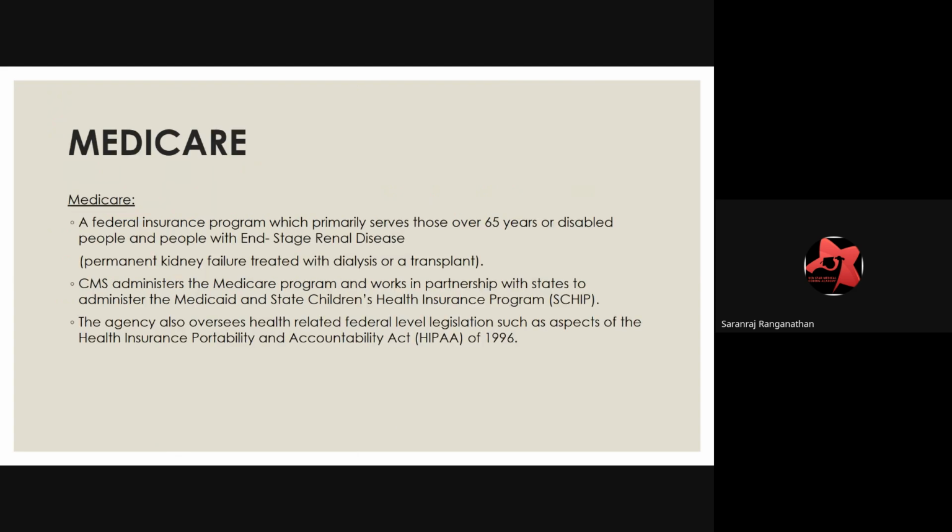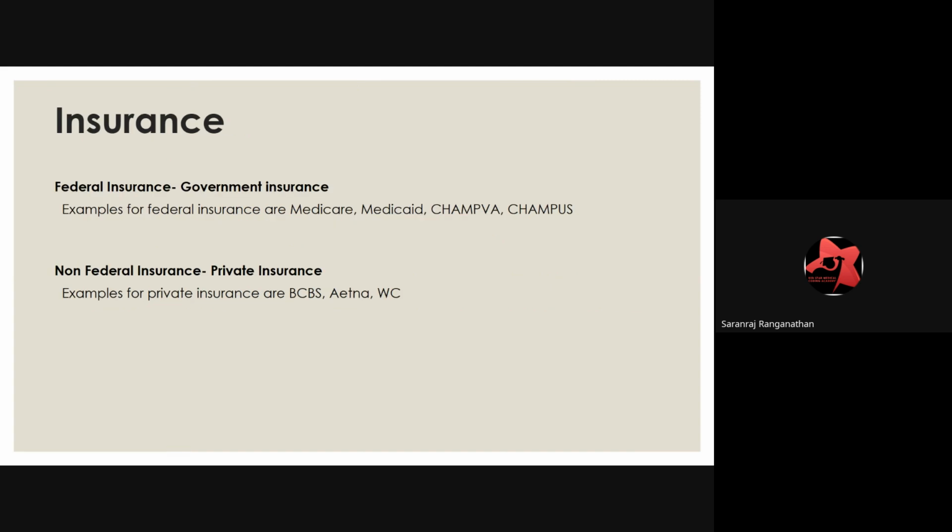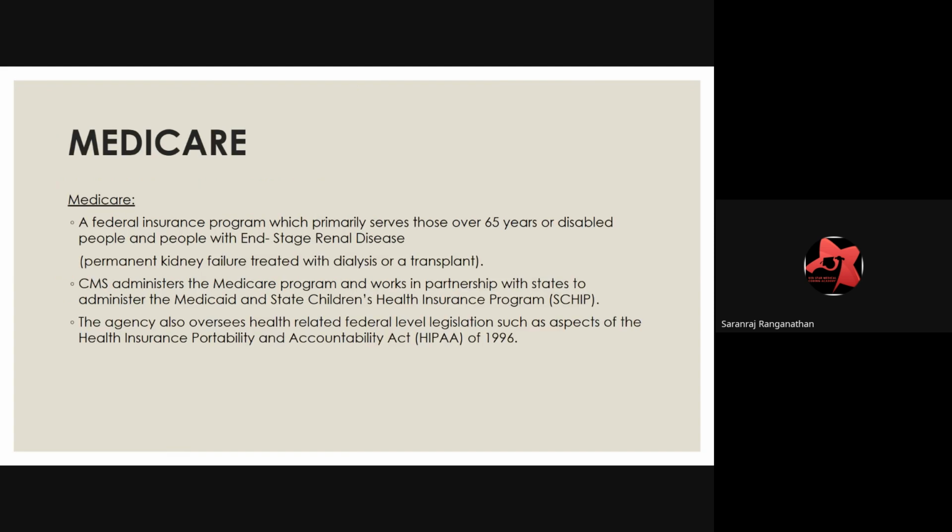Then what is Medicare? In the government insurance, Medicare, Medicaid, and CHAMPVA, they have given, right? So first we'll see what is Medicare. Medicare means a federal insurance program which primarily serves those over 65 years or disabled people and people with end stage renal disease.